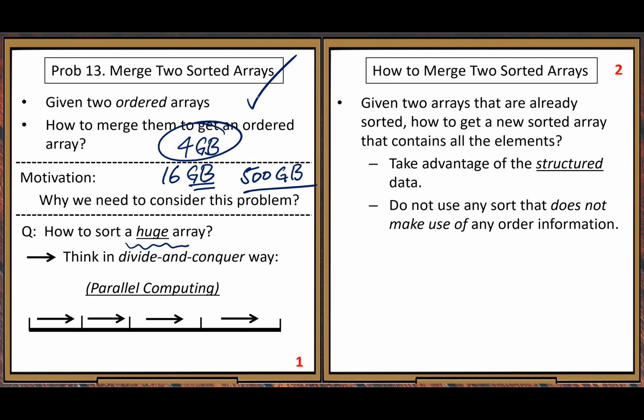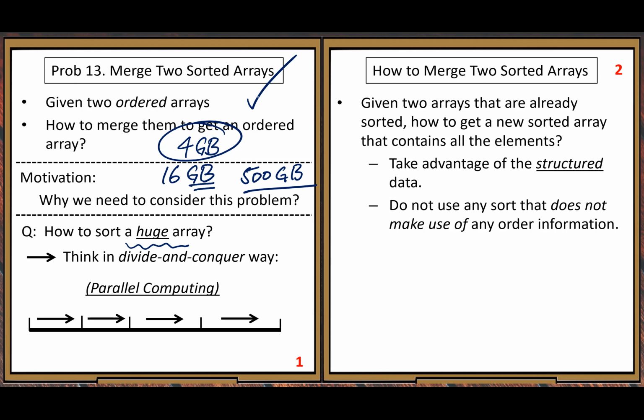Now we have learned several sorting algorithms: selection sort, bubble sort, insertion sort, right? In those sorting algorithms, some of them do not take advantage of the order information. Look at the selection sort. Do we take advantage of order information in the selection sort?